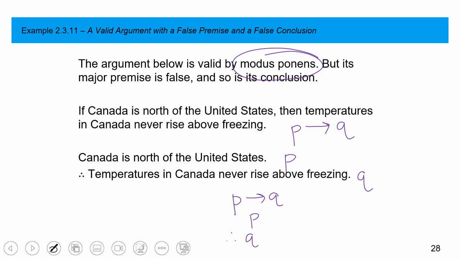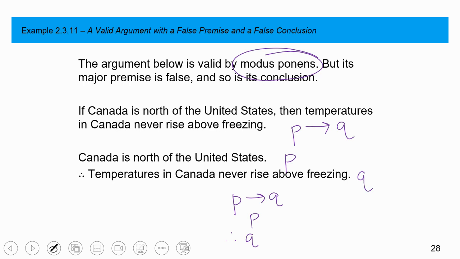However, the statement is actually not true. If Canada is north of the United States, then temperatures in Canada never rise above freezing. Well, I've been to Canada in the summer, and it's very much above freezing. So that is a false statement. Temperatures in Canada never rise above freezing is false.